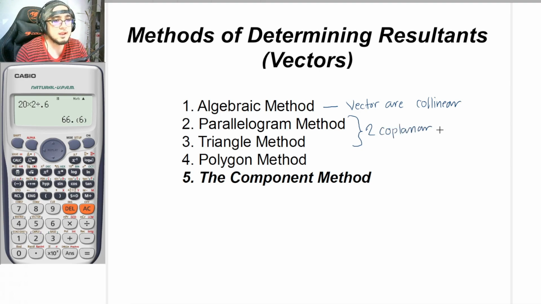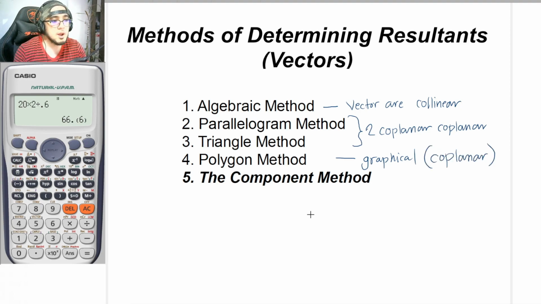For more than that, you cannot use them any longer. So if you have three vectors, you cannot use either of these two. And your polygon method is graphical. By the way, guys, this can only be used if your vectors are coplanar. As for the component method, that will be discussed in the next video.